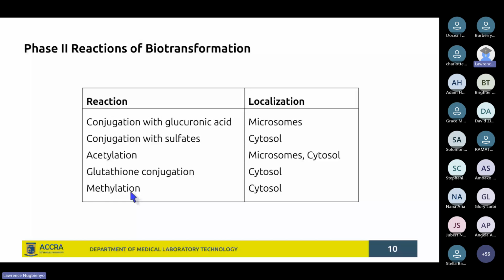We saw some form of methylation when we were doing the nucleic acids. Methylation only means addition of a methyl group. So you can see all of these are conjugation reactions. Phase 2 reactions are all conjugation. It's an attachment of a residue on a molecule. All right.